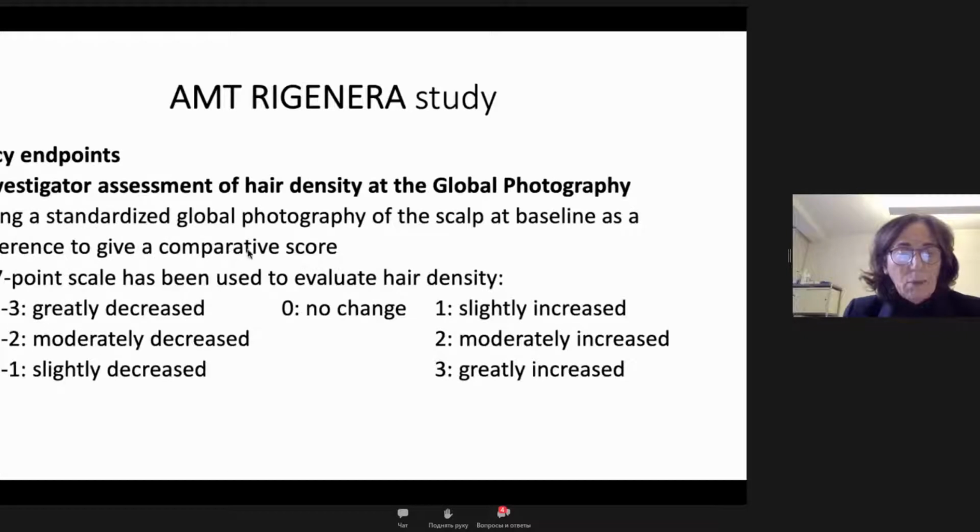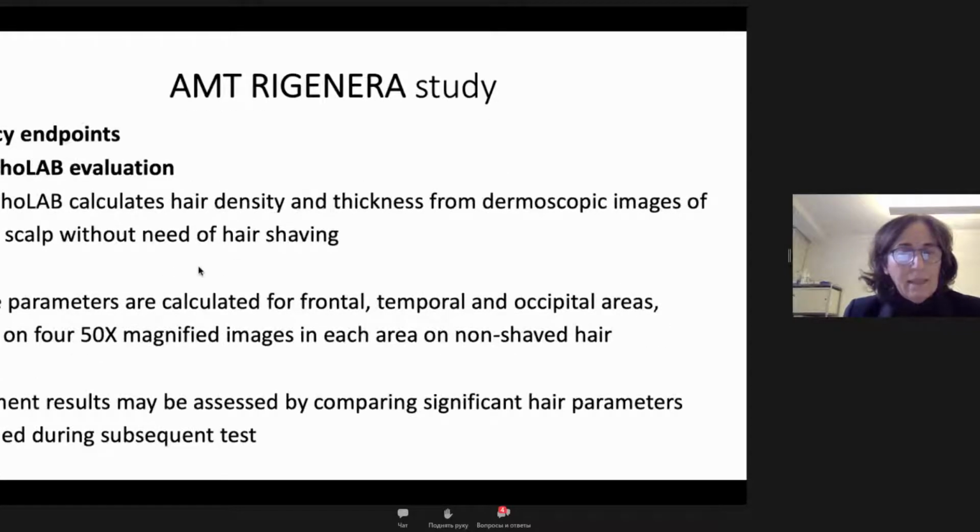And to evaluate the change in hair density we used this 7-point scale. And the Tricolab permitted us to calculate hair density and hair thickness using dermoscopic images of the scalp without the need of hair shaving.